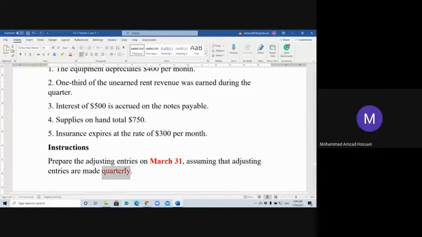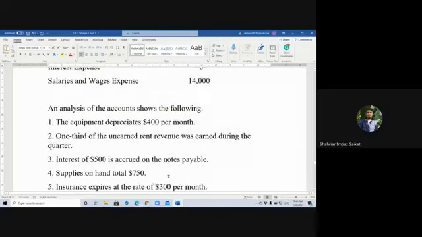My question is, what is the accounting period? January 1 to March 31, so 3 months. Okay.